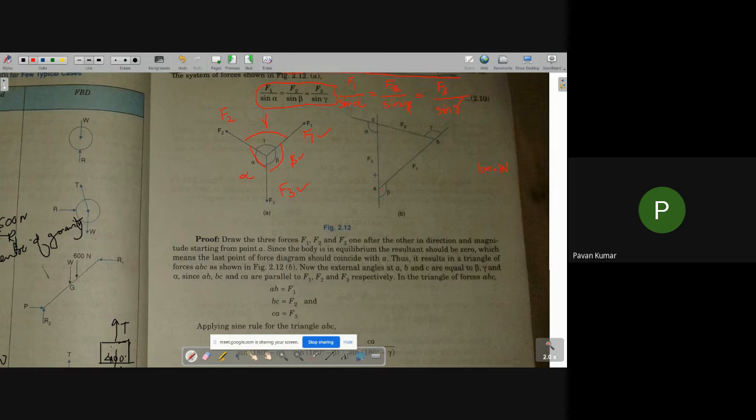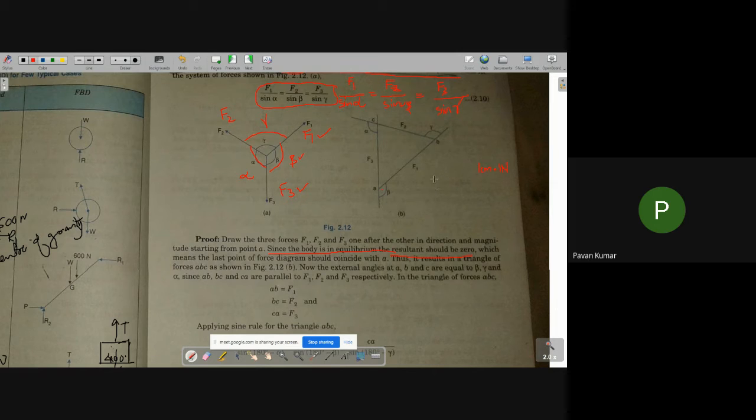And if F3 is 6 Newton, then this will be 6. Like this we will draw the triangle. This triangle is a closed triangle because since the body is in equilibrium, the resultant should be 0, which means the last point of the force diagram should coincide with A. Otherwise, if the body is not in equilibrium, then it won't be a closed triangle. Here it is equilibrium, so it is a closed triangle. Then we will get the angles like this.